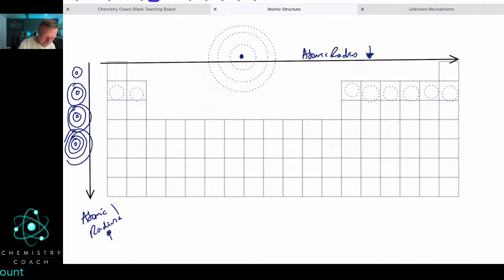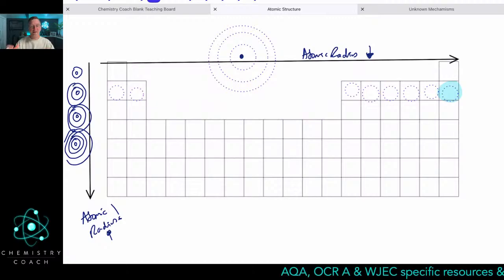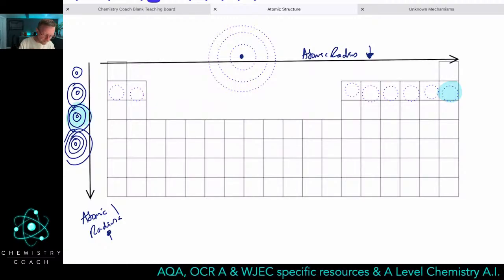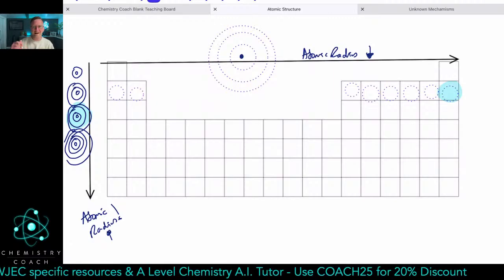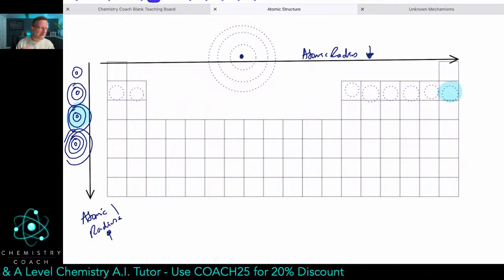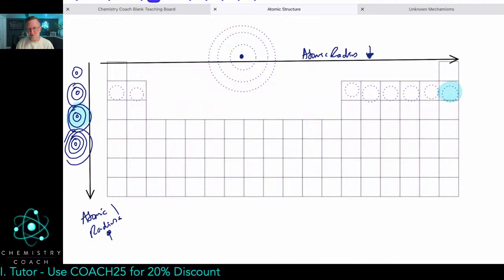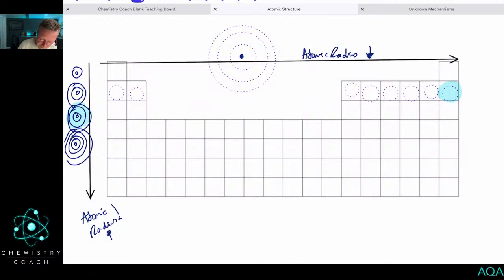At the end here is where that energy level of electrons is full, and that's when we have to add a new one in the next period. So we're not adding energy levels, so it's not getting any bigger. The reason it gets smaller, and you're absolutely right, is because nuclear charge increases. So what we say is atomic radius decreases.